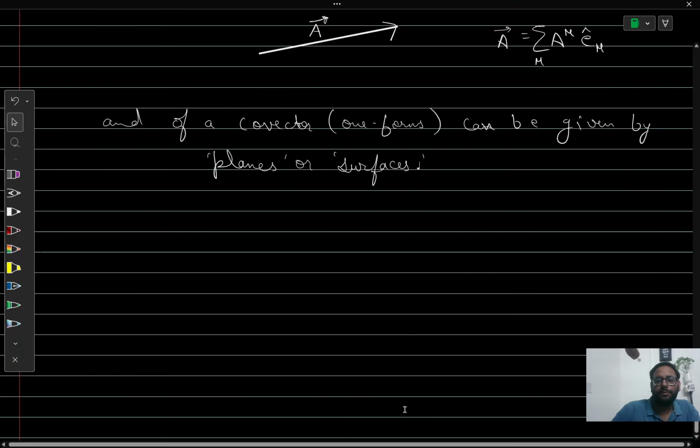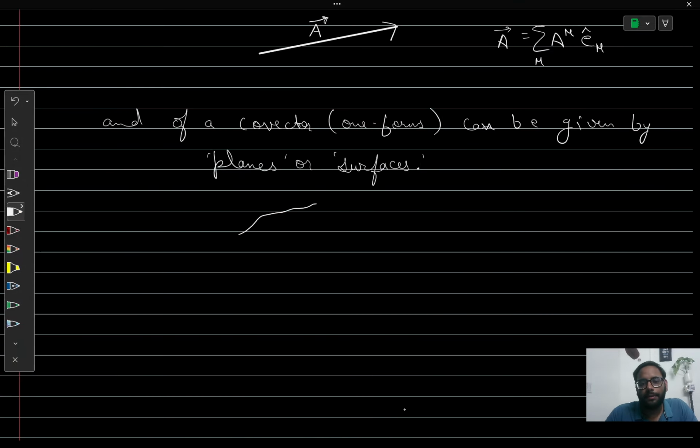So there is a surface, okay, this is a surface, and you can just denote it like this.